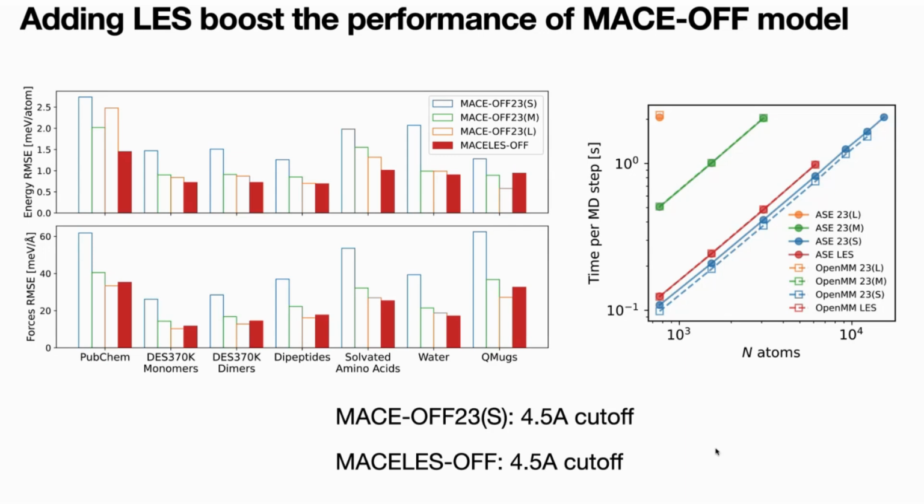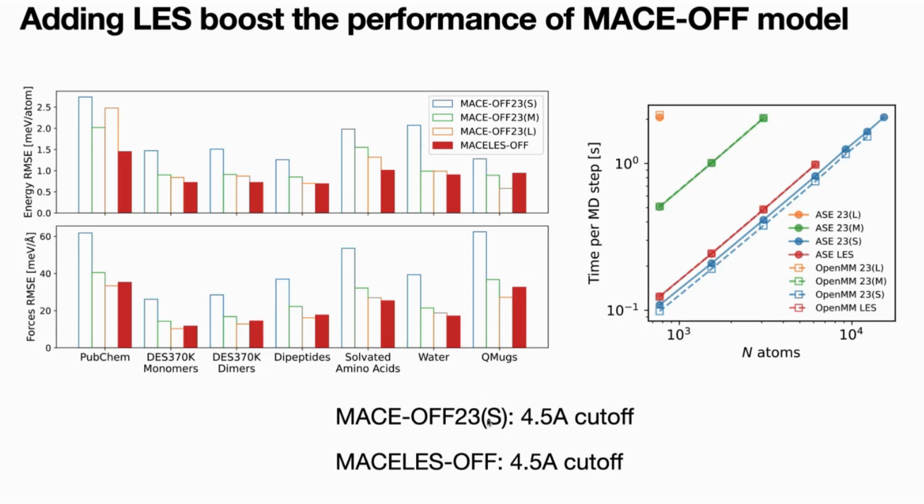They differ by cutoff and also the complexity of the representation. The small is very fast, and medium and large become way more expensive, and also more accurate. Here we are using a setting that is quite similar to the small model.